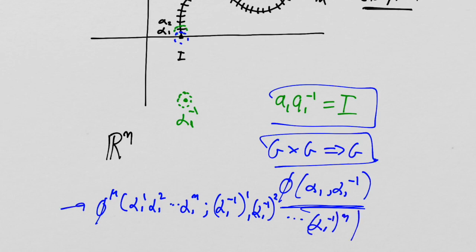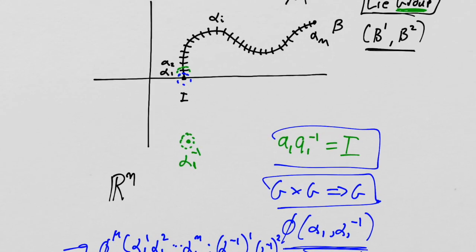This is the real function that is continuous. And the continuity is basically telling me that something in the neighborhood of alpha 1 multiplied by something in the neighborhood of alpha 1 inverse will give me something in the neighborhood of I.